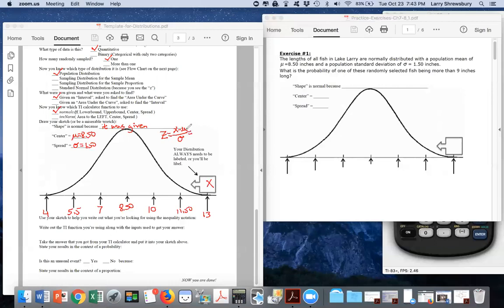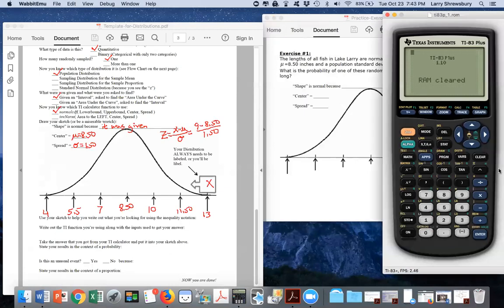So let's see, we're going to take that 9, subtract the center, 8.50, and divide that by the standard deviation, 1.50. And then I'll get over to my calculator here and do our little arithmetic.